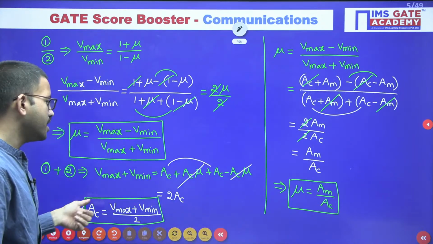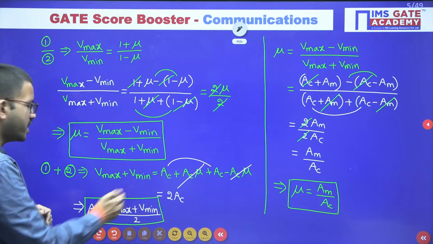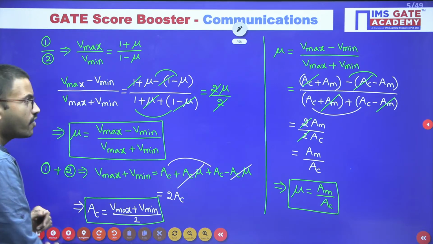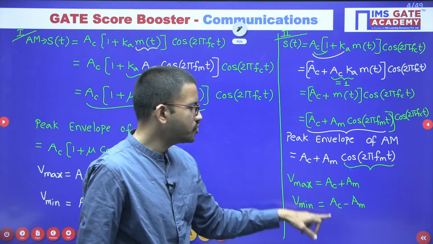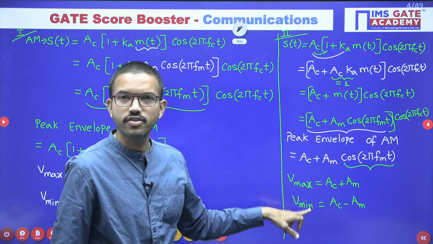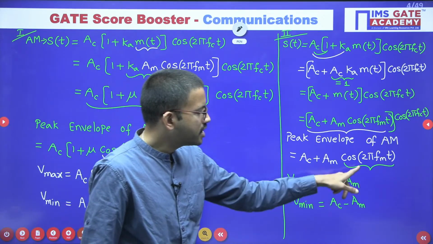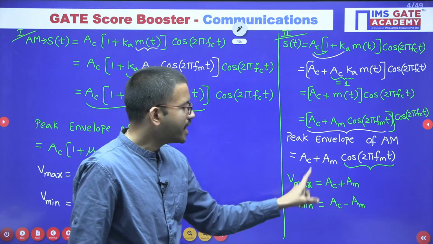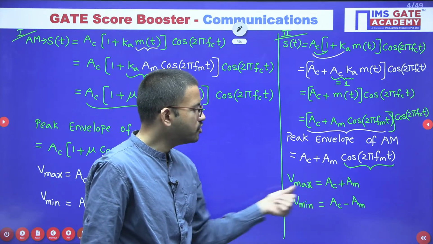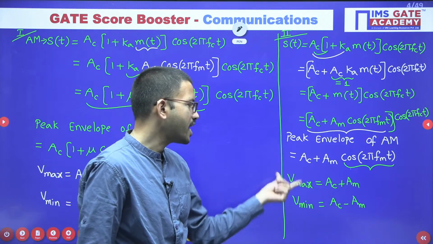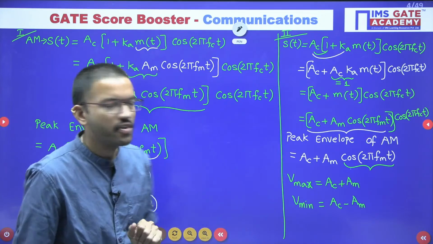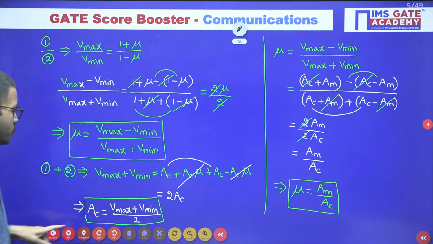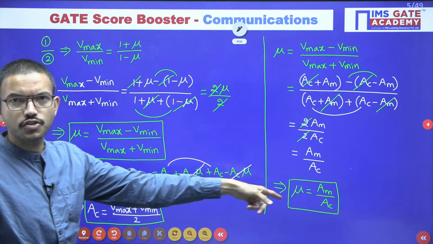Regarding AC value, same answer you will get. Here you got 2 equations, right, regarding Vmax and Vmin. Just perform the addition, AM will get cancelled. Right hand side you are getting 2AC. That 2 if you bring to the left hand side, once again you are getting the average of these two is nothing but AC. So whatever earlier equation you got regarding AC, same equation here also.